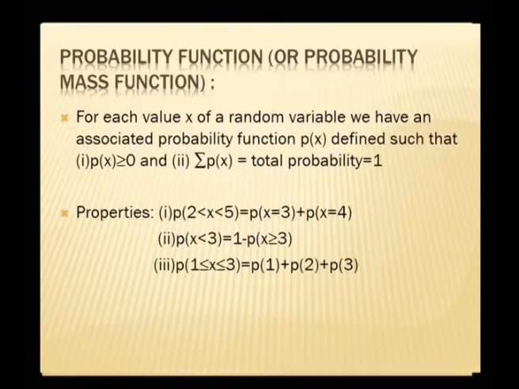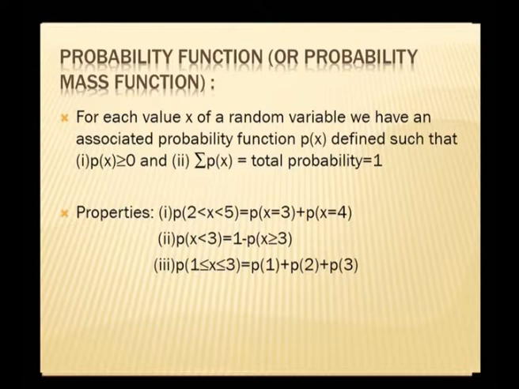Second one, we have the continuous random variable. In this case, for each value it takes a real value. Here, for each value of the discrete random variable, there is a corresponding probability function that is associated. Whenever you say a value of the random variable, we want to know the probability of its existence.